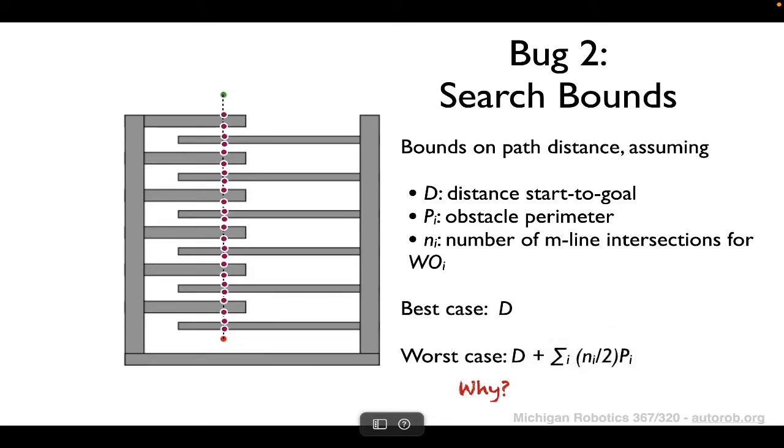Whereas in the worst case, the distance is going to be d plus the summation over the obstacles that it will encounter, where you take half the number of total intersections for that particular obstacle, n sub i over 2, multiplied by the obstacle perimeter p sub i.